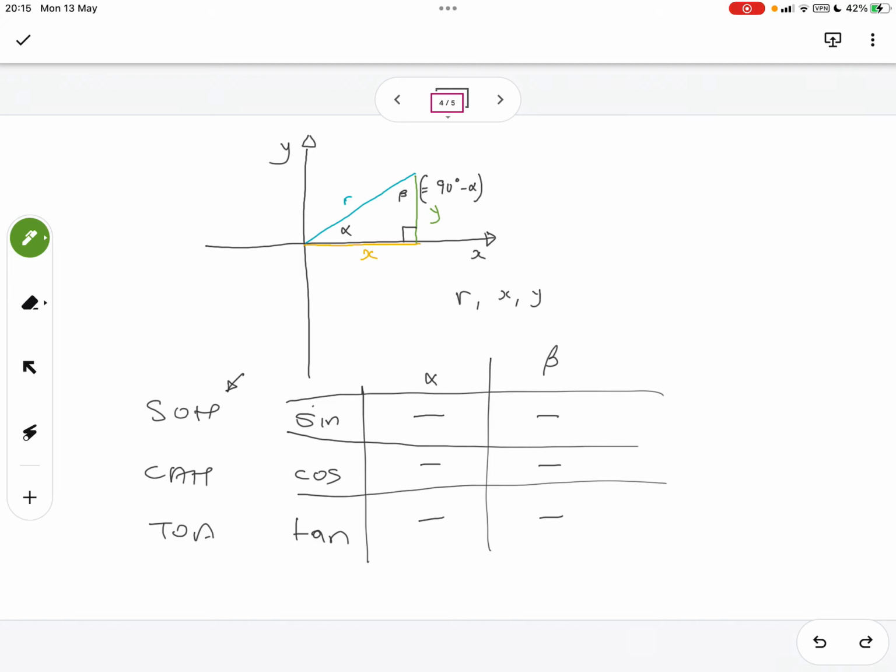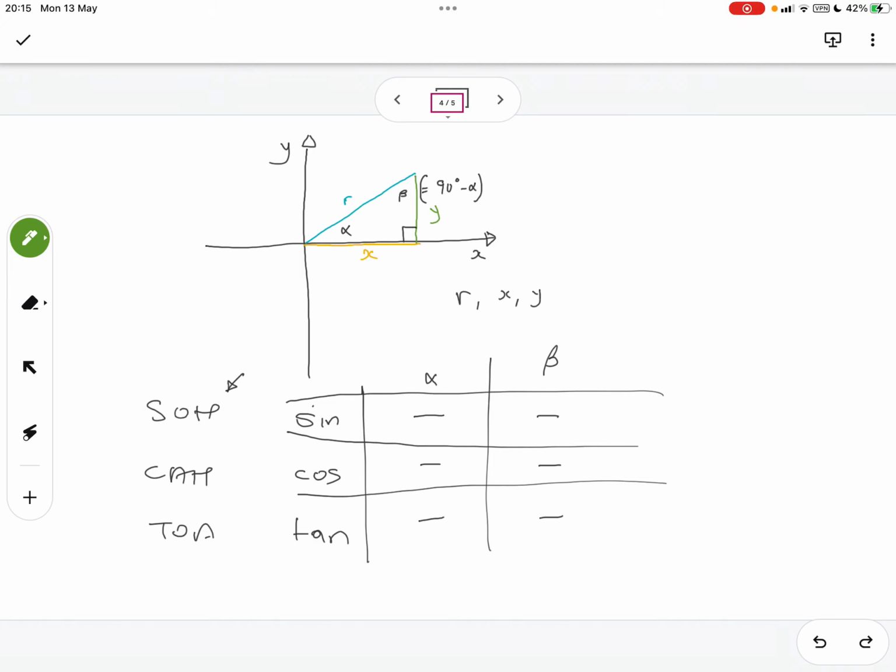On slide 4 of Jamboard, it's which side divided by hypotenuse? It's the opposite. Opposite, yes.